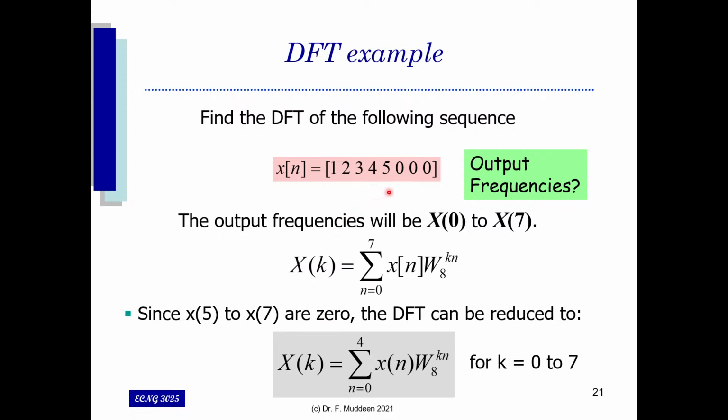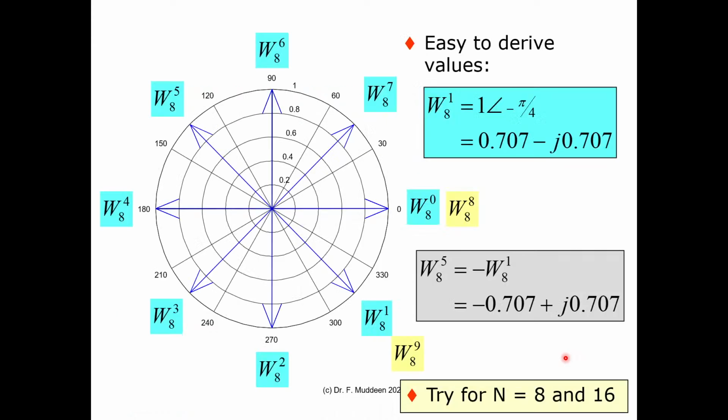watching the signal, because x5, x6, and x7 here for x of n are 0, that means we don't need to calculate the DFT for these points in particular. We can reduce the summation series here for k equals 0 to 7. We also know that this being an 8-point DFT, that means we're going to have twiddle factors going up to 8.